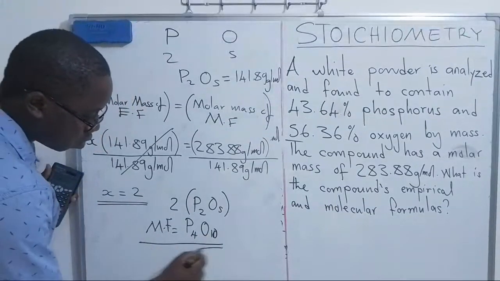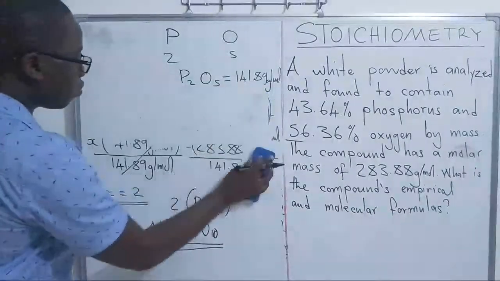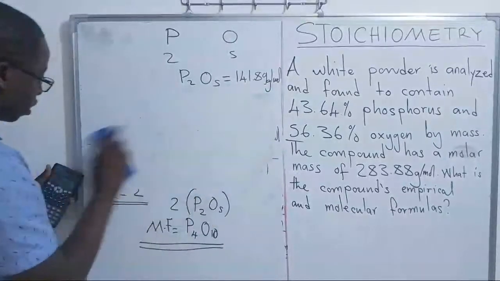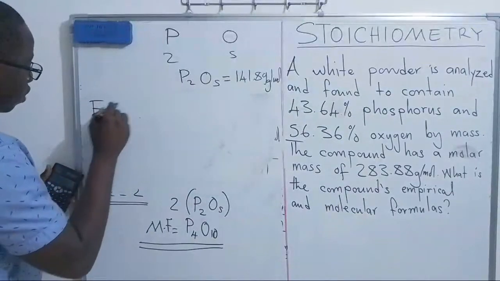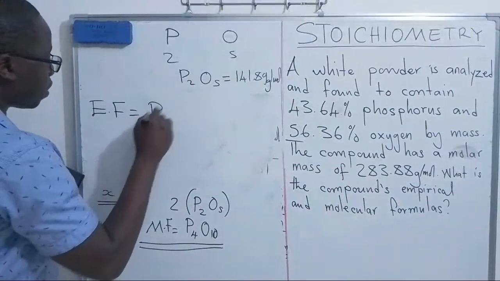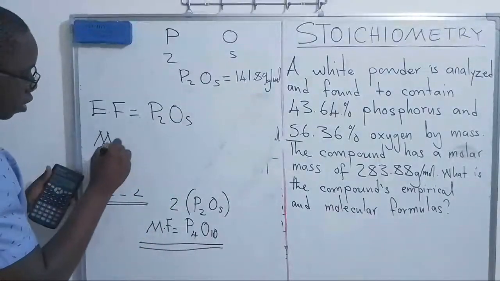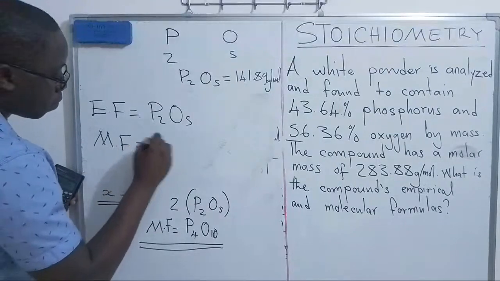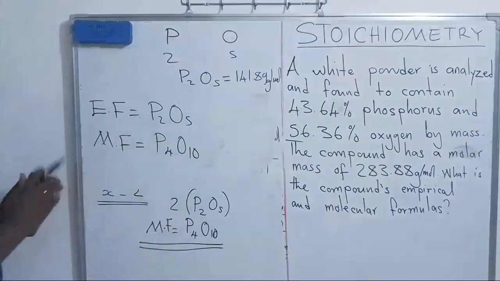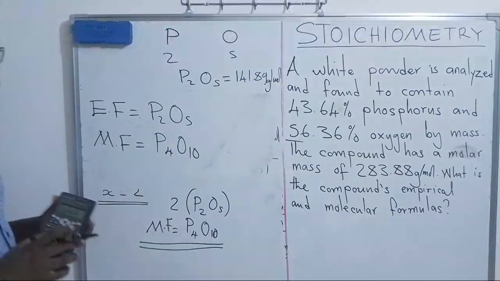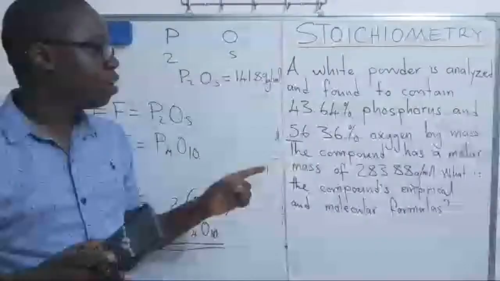So we have now summarized the two, and you can conclude that the empirical formula is P2O5, while the molecular formula is P4O10.